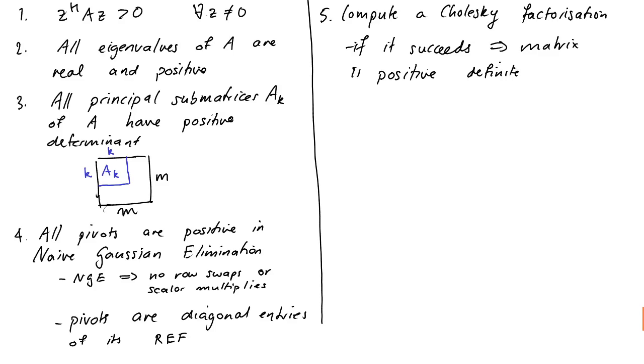Obviously I haven't taught you what that is yet, but we're going to learn about it next lecture. It's the practical way you'd test whether a given matrix is positive definite or not. For example, MATLAB would attempt to compute this factorization, and if it can, that means the matrix is positive definite.